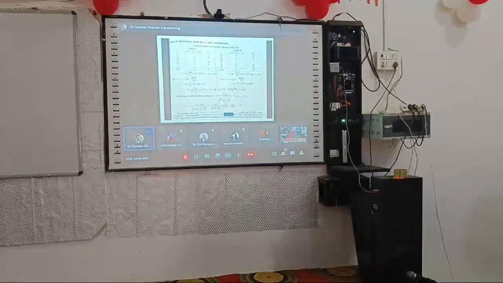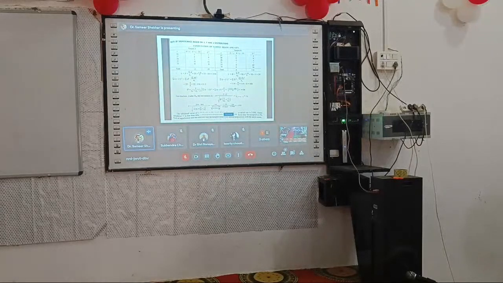So here S square, the variance, is calculated with the help of this formula, divided by sample size 1 plus sample size 2 minus 2. We get this value by putting in all these values, right?